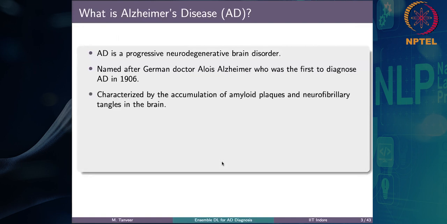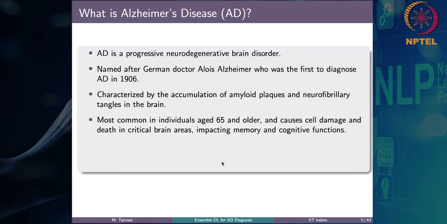It is characterized by the accumulation of amyloid plaques and neurofibrillary tangles in the brain. Mostly this disease comes at age 65 and above, and it causes cell damage and death in critical brain areas, impacting memory and cognitive function.